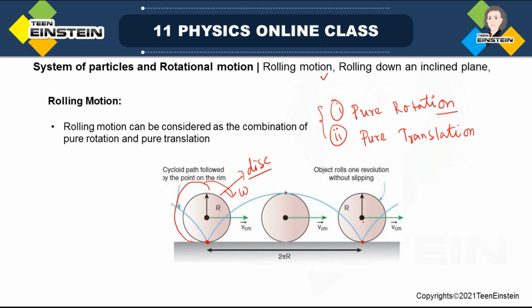So when it makes a complete rotation, the center of mass moves by a distance 2 pi r. In general, this is the distance the center of mass covers for a complete rotation of a wheel. Here r is the radius of this disc.